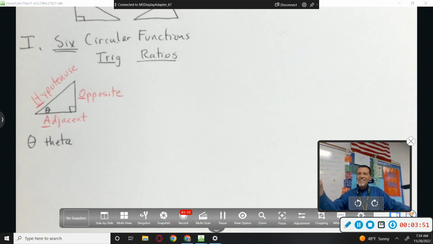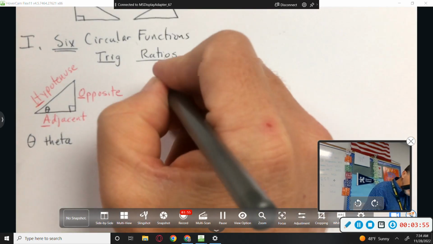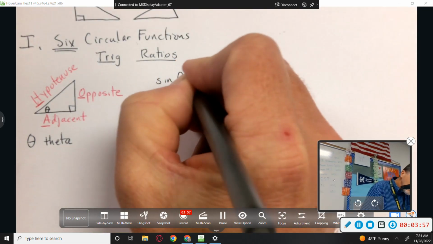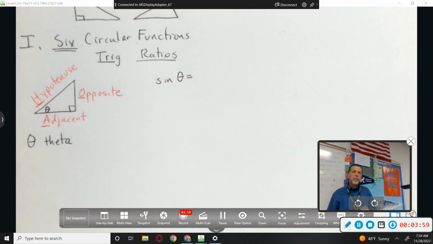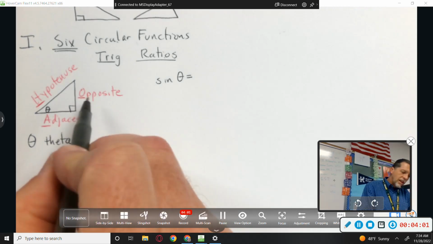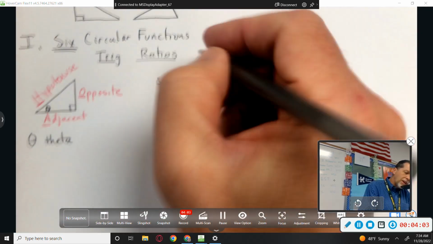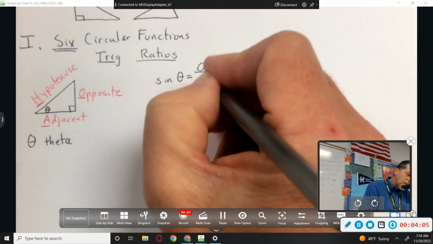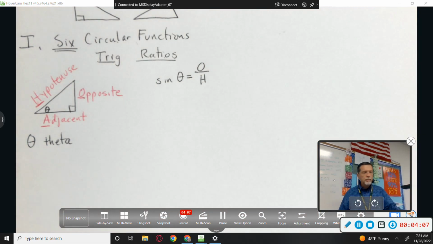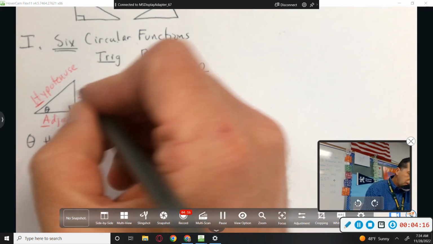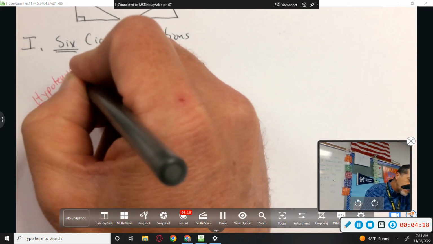What's that? SOHCAHTOA. So that's what we start with. So the sine of the angle is, SOHCAHTOA, opposite over hypotenuse. And then here's how this thing works. It doesn't matter how big the triangle is.